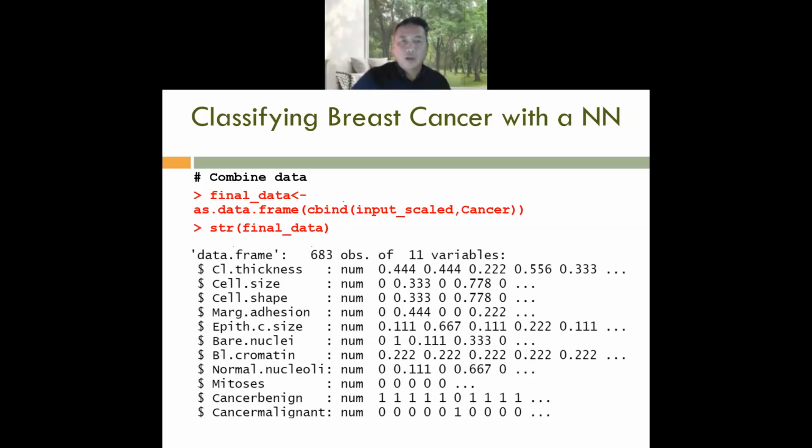Basically we will combine the columns of the input scale, which is the input that we have normalized, and also the two columns that we have for the cancer. So they are 1, 0, 1, 0, depending on the type that we have here. Okay, so this is your final data.